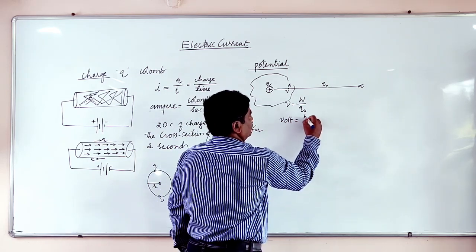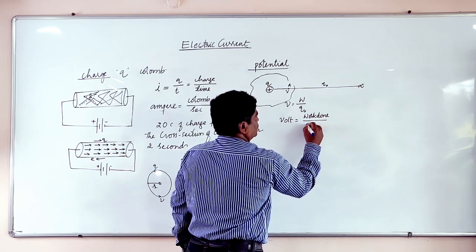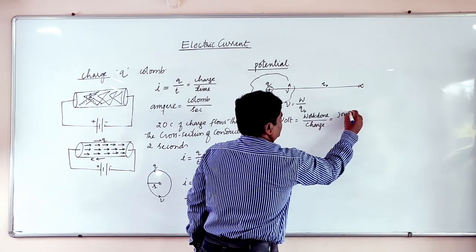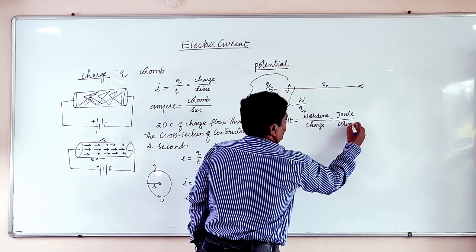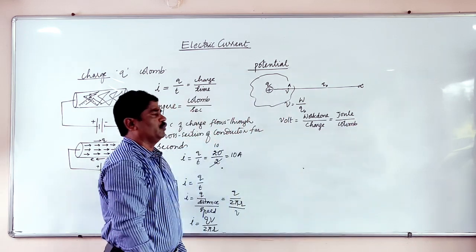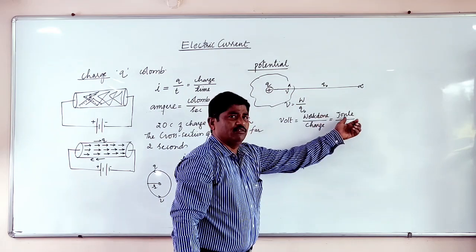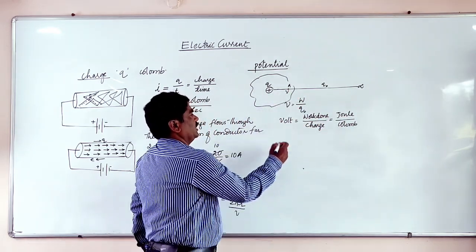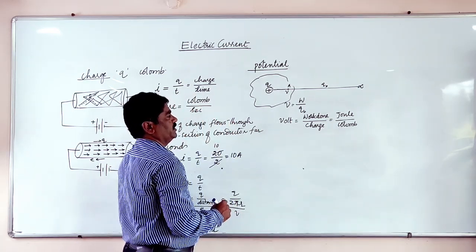Volt is work done by the charge, where the unit of work done is the joule and the unit of charge is the coulomb. So when 1 joule of work is done to bring 1 coulomb of charge, the point has 1 volt of potential.